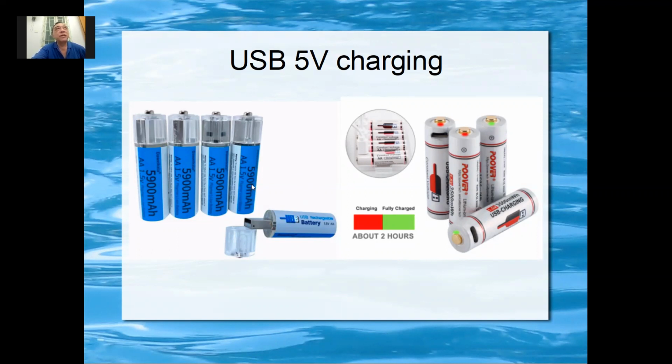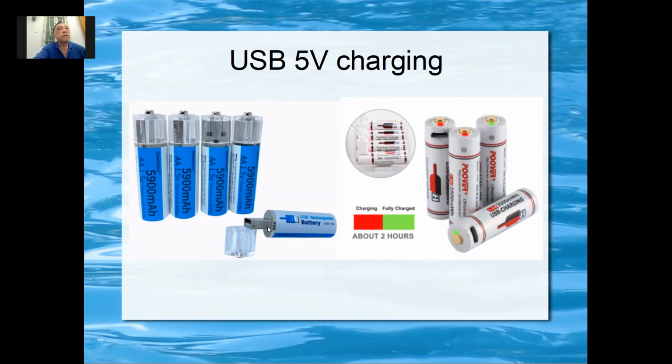This type of battery is 1.5 volt, although the lithium battery is 3.7 volt. There are electronics inside that will convert it to 1.5 volt. And then to charge, you just open up the cover and plug into a USB. But if you use a USB-C, then you must find an adapter for USB-C to USB, then you can plug in.